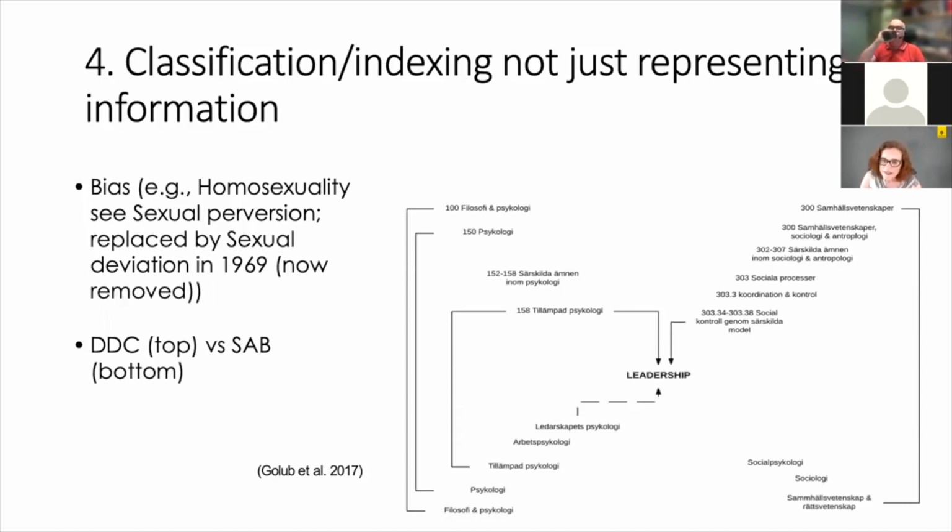Another, a bit harder to discern example is if we compare DDC, Dewey Decimal Classification, with the Swedish National Classification System that was recently replaced by DDC. It's interesting to see that DDC looks at leadership as social control through specific models, and that is not at all present in SAB.